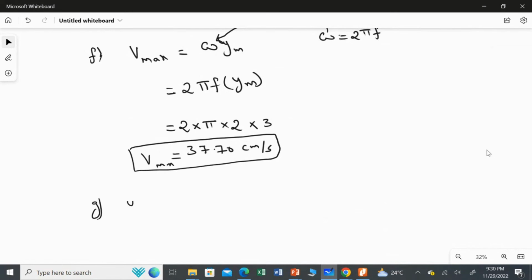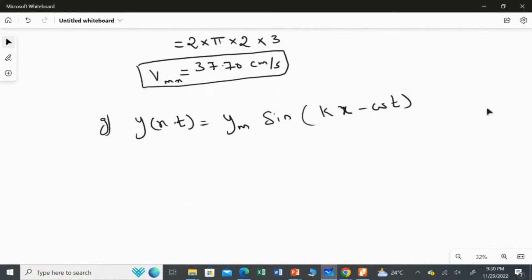So I can write the equation y of x comma t is equal to ym sine of kx minus omega t. This is the general equation, but the equation they gave in the question is y equal to 3 sine of 0.02 pi multiplied by x minus 4 pi multiplied by t.